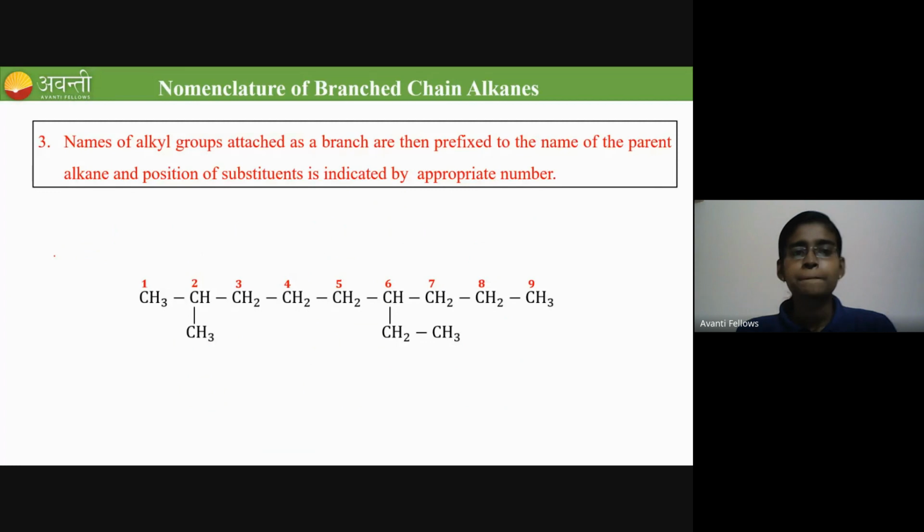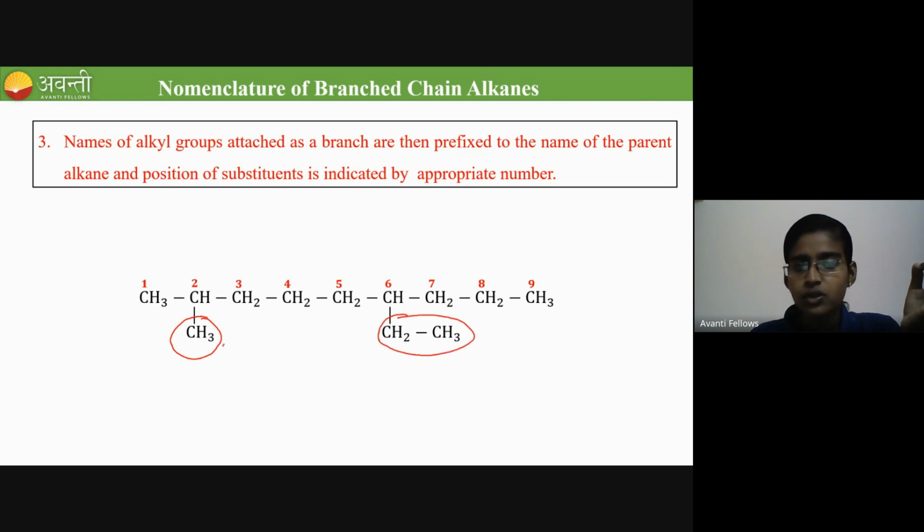Now, third rule. Names of alkyl groups attached as a branch are then prefixed to the name of the parent alkane, and position of substituents is indicated by appropriate number. So we have to start with the branches, names of the alkyl groups.